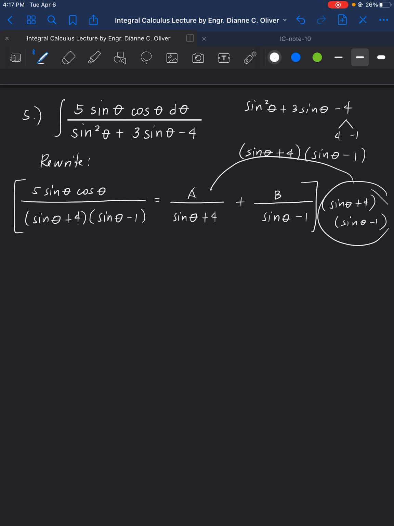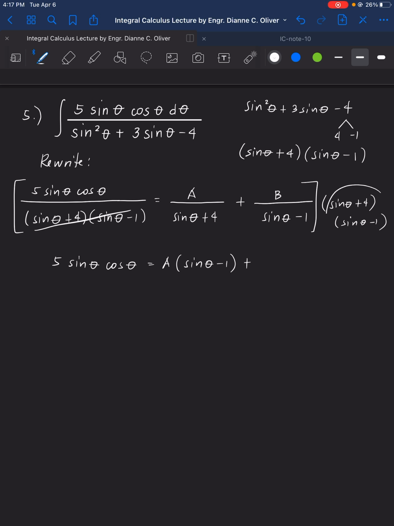Multiplying this, for the first term, we cancel out sine theta plus 4. What's left is sine theta minus 1. So we have here 5 sine theta cosine theta is equal to A times sine theta minus 1 plus, for B, multiply this with the second term.